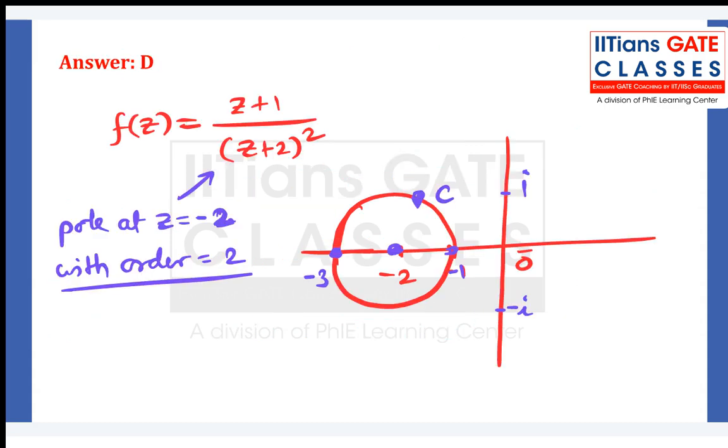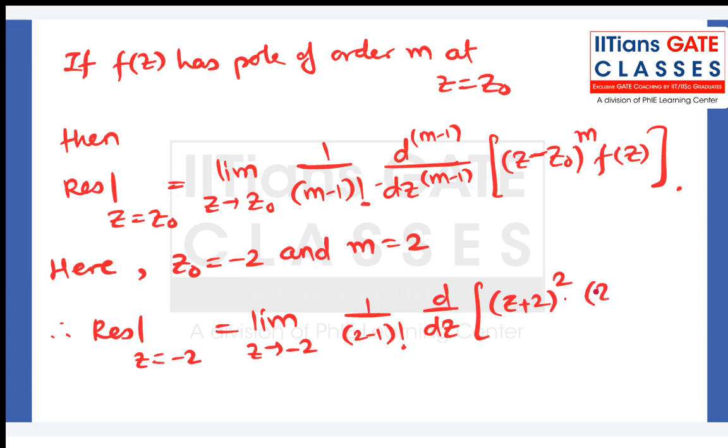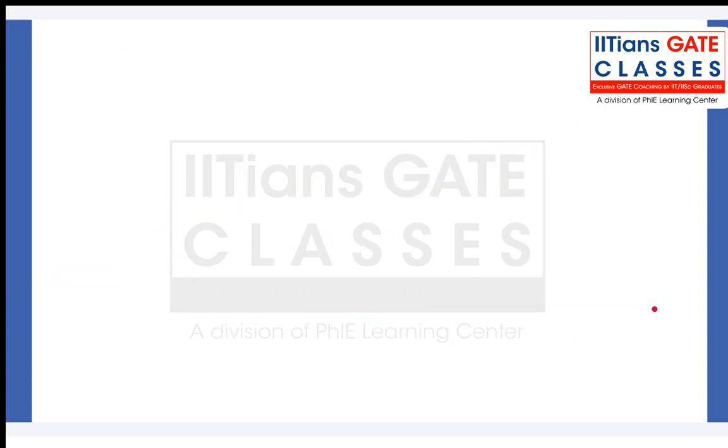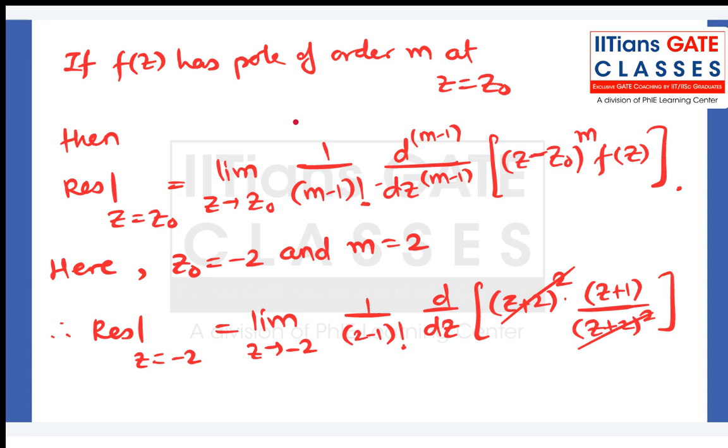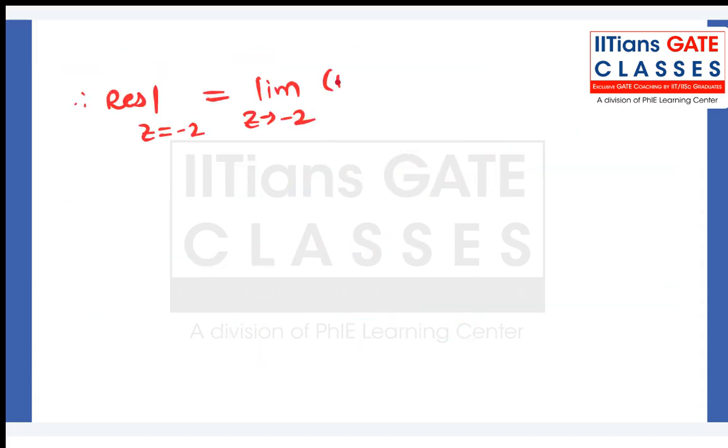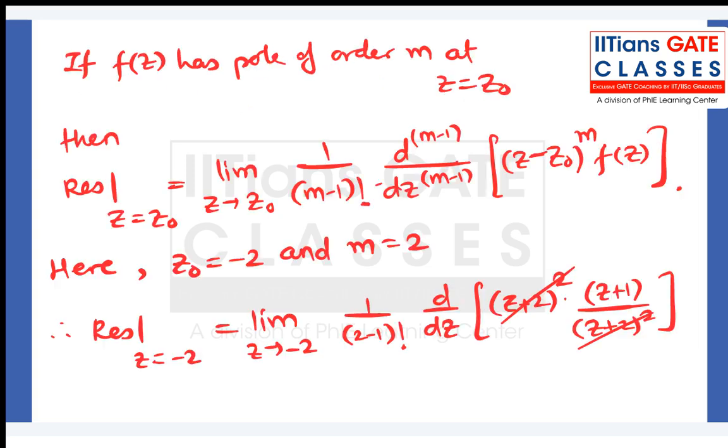What is f of z? (z plus 1) by (z plus 2) whole square. So this term gets cancelled, and the residue at z equal to -2 is the limit as z tends to -2 of 1, times the derivative of z plus 1 with respect to z, which is just 1. So the residue is just 1. We need not put any limits here, and therefore the answer should be 1.